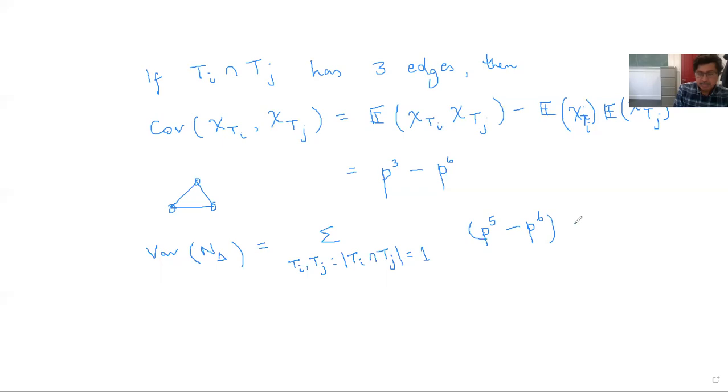plus the sum over pairs which have 3 edges in common, p cubed minus p to the 6.